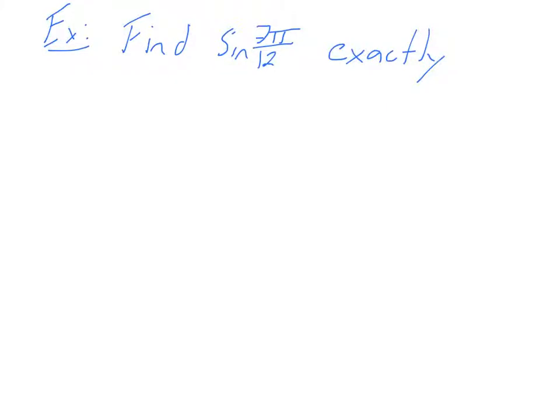So sine of 7 pi over 12, I'm going to use the sum identity here, is equal to sine of 4 pi over 12 plus 3 pi over 12.